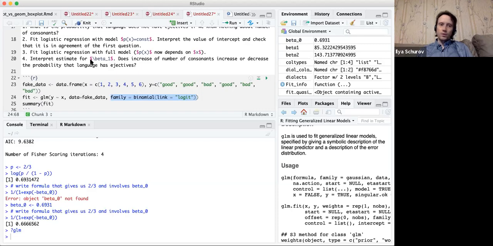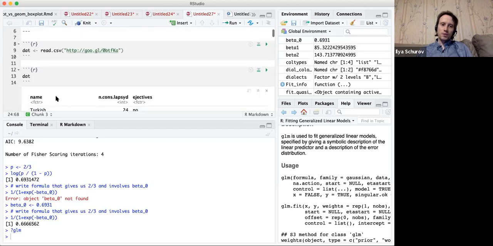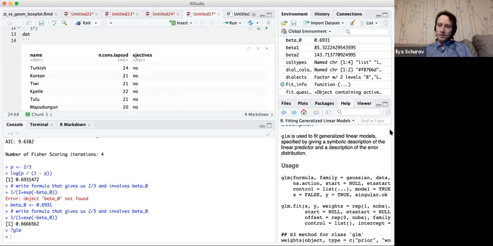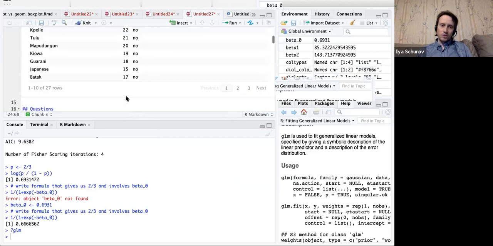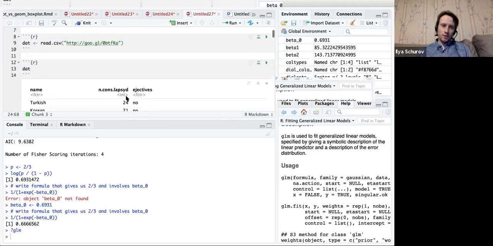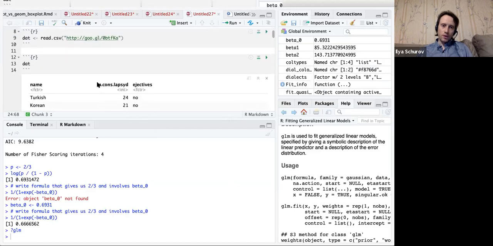Okay, does it work? Okay, who succeeded with question number 1? Estimation for beta 1. Beta 1 is the coefficient that corresponds to our independent variable.